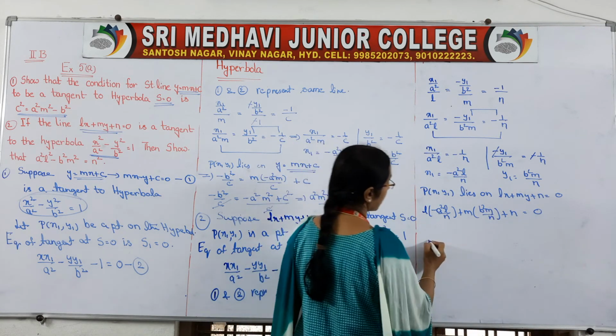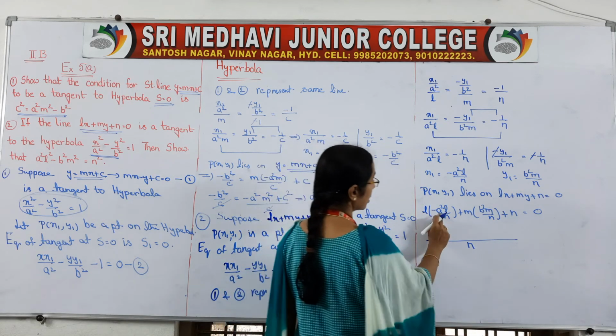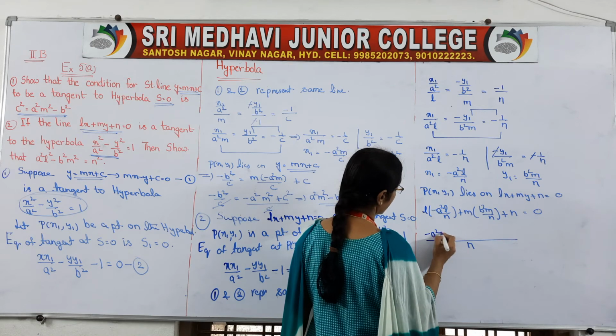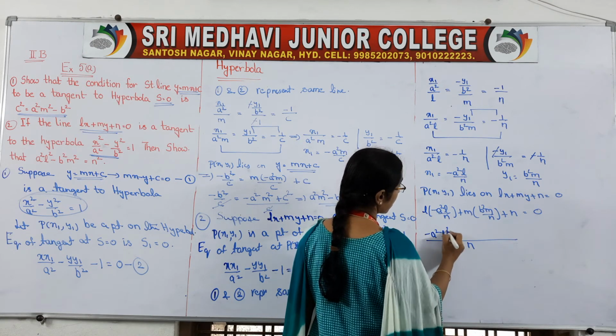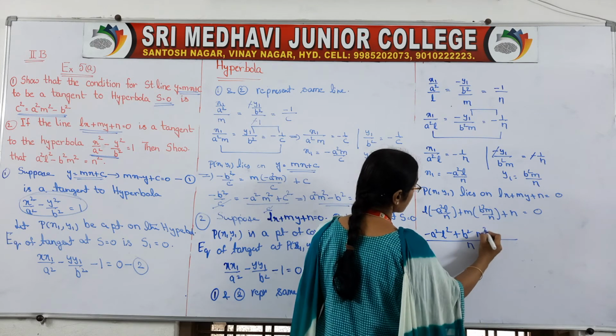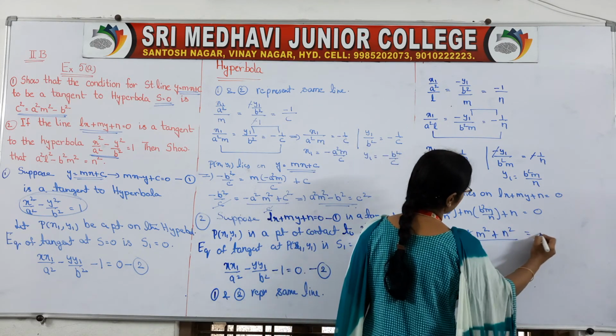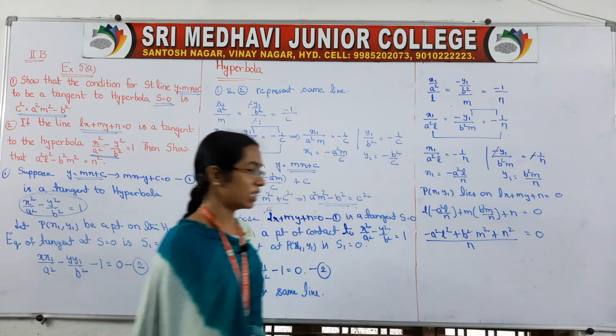So taking the LCM as n, here it is minus a square L into L, L square, plus b square m into m, m square, plus here n into n, n square is equal to 0.